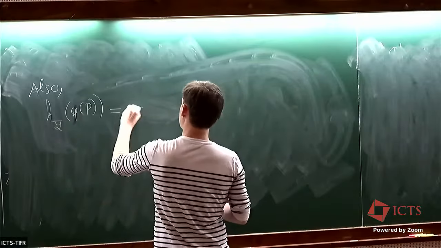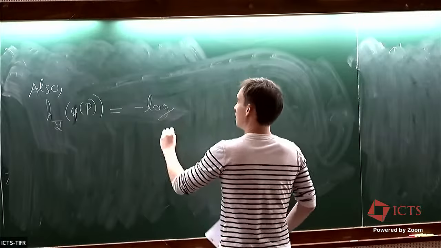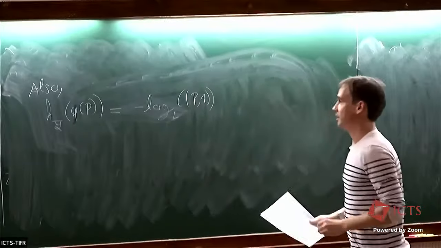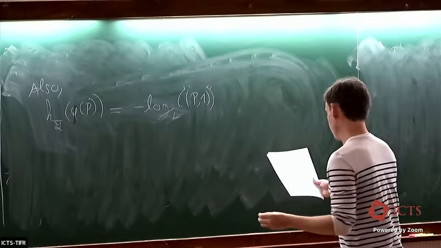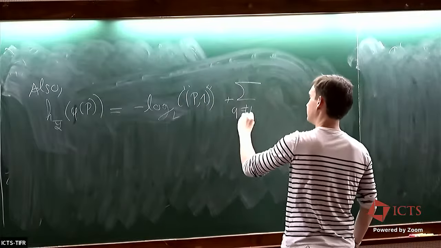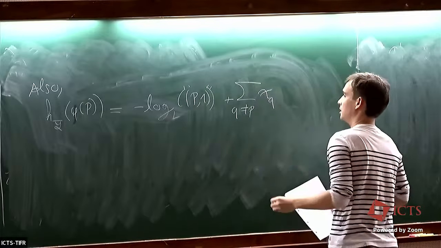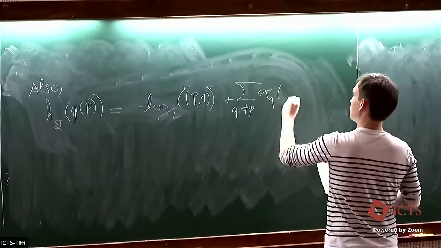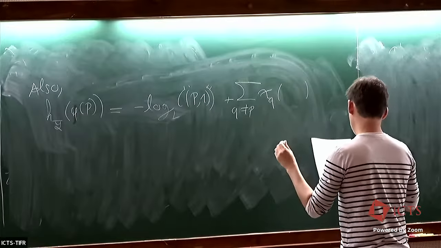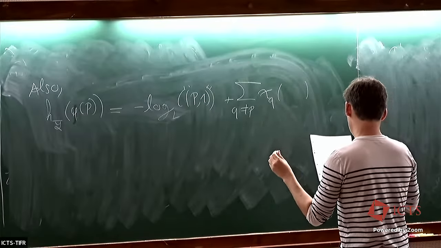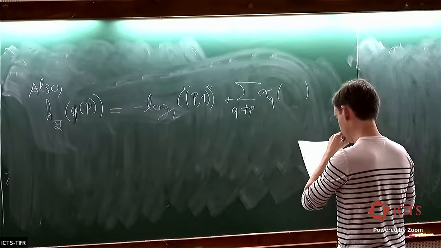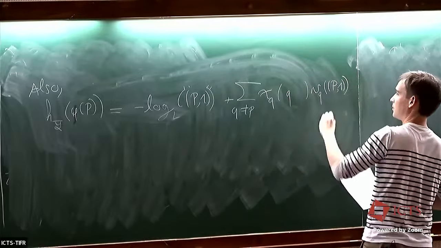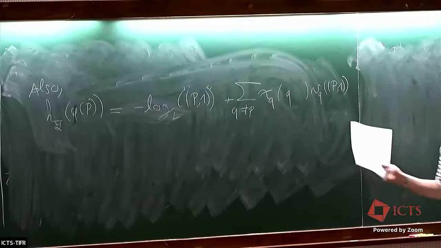It's the same thing as minus log L of section, I call lazily P1 here, plus sum from Q different from P of KQ applied to, sorry, let me check, KQ, DQ P1 here. Okay, apply to the section.